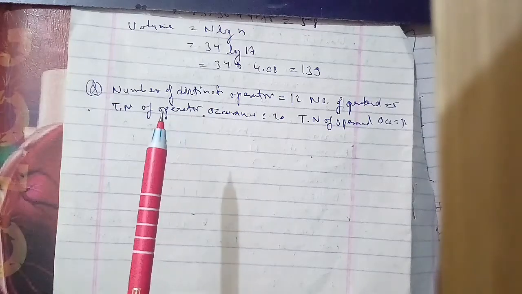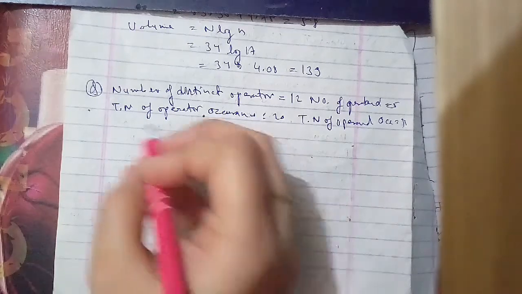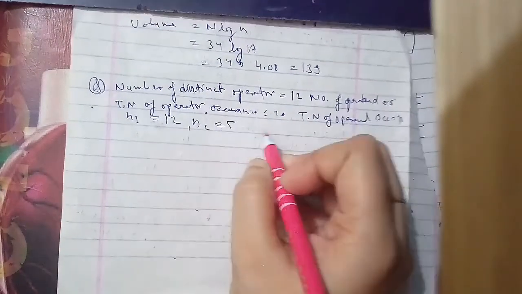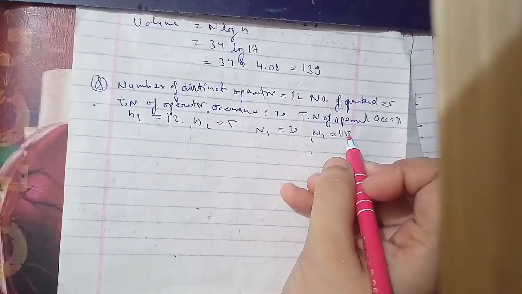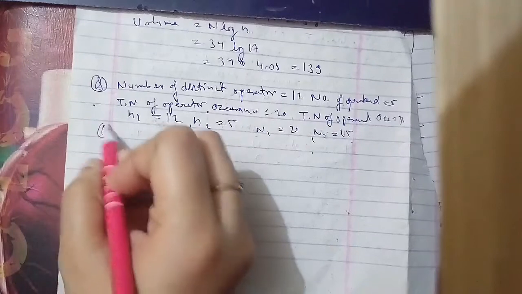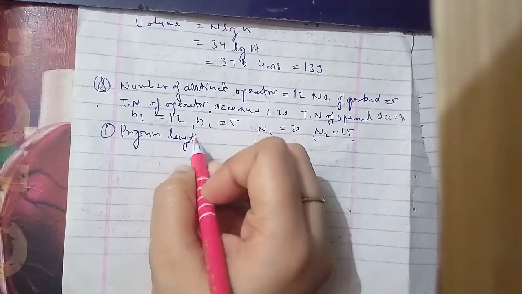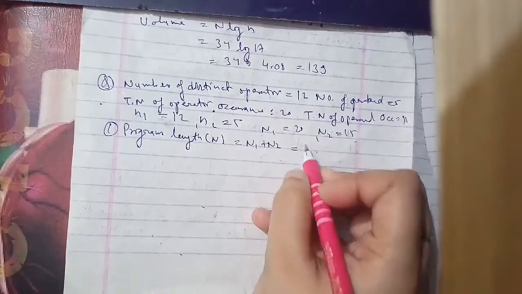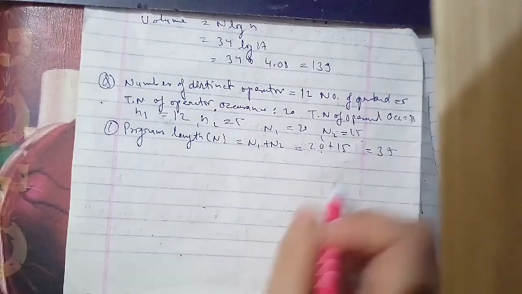For the given values we have n1 equals 12, n2 equals 5, capital N1 equals 20, and capital N2 equals 15. First, the program length N equals N1 plus N2, which equals 20 plus 15, and that is 35.